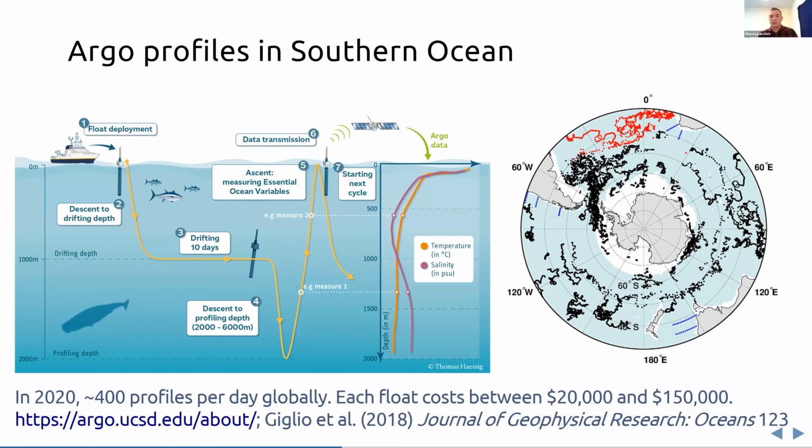The map on the right shows, with the black dots, the locations of Argo float profiles which had oxygen, temperature, and salinity over 5 years. And we use this data to estimate oxygen over the Southern Ocean using the random forest approach of machine learning.